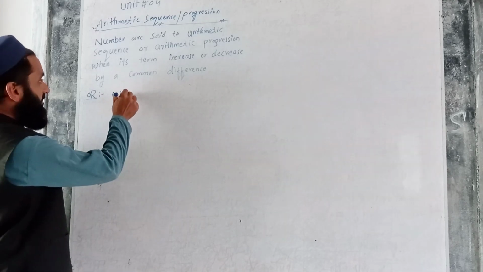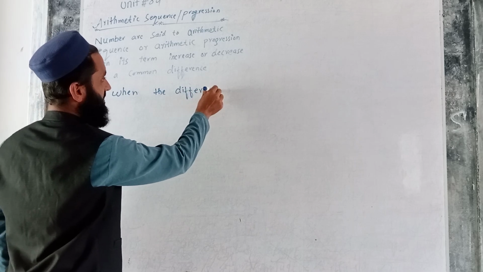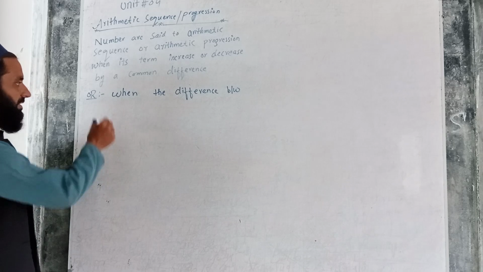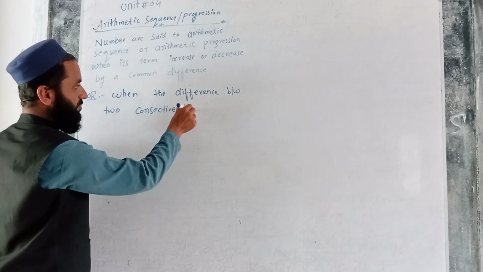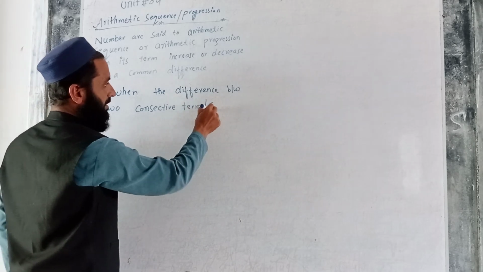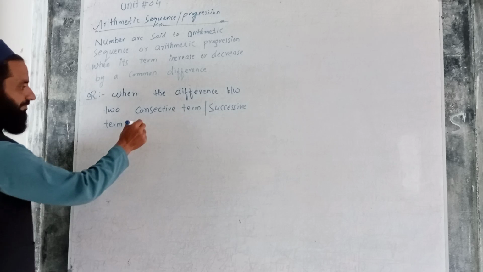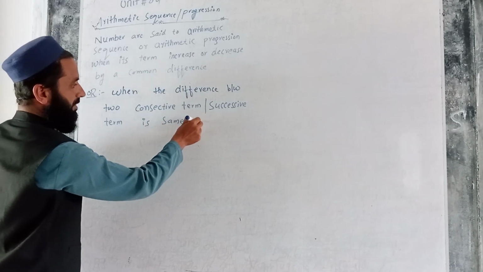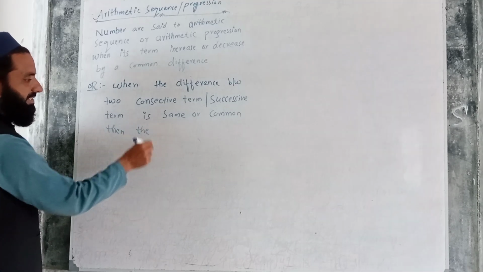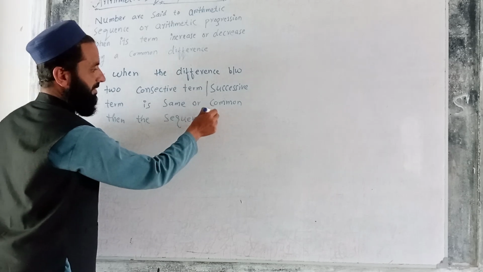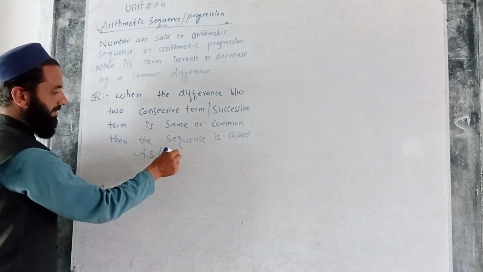Another definition: when the difference between two consecutive terms or successive terms is the same or common, then the sequence is called an arithmetic sequence or arithmetic progression.